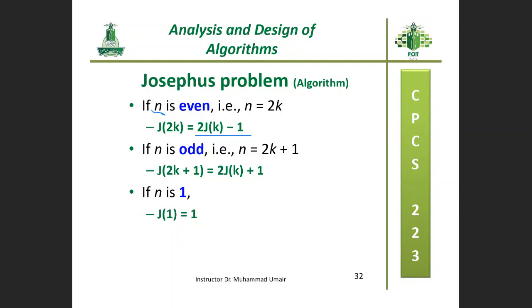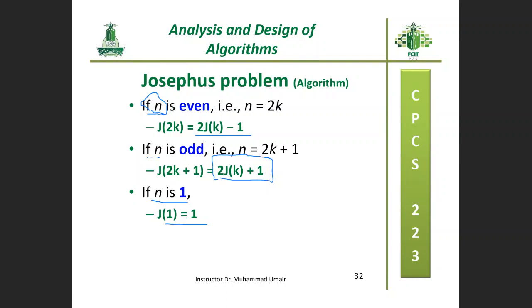This will give you a value at which you must place yourself depending on the number of persons in that group. And if n is odd, then use this formula to place yourself, 2jk plus 1. And if you have only one, then you are the survivor. Is that clear?